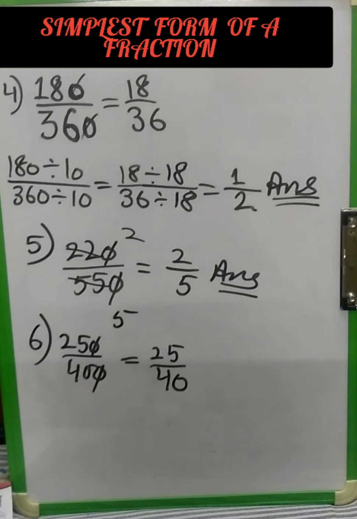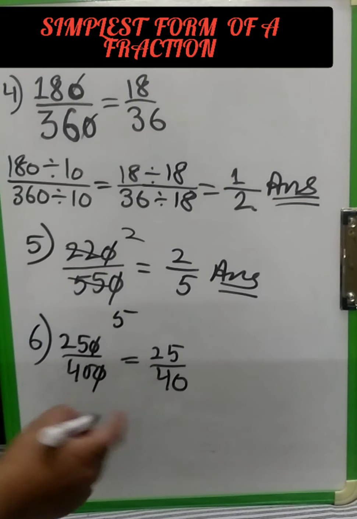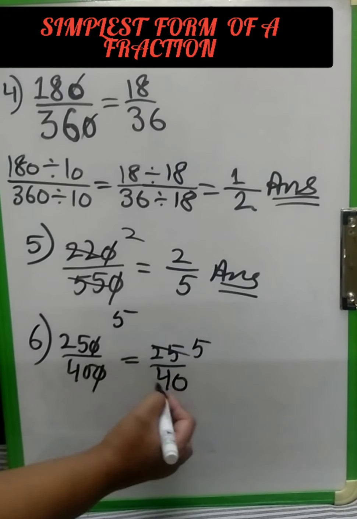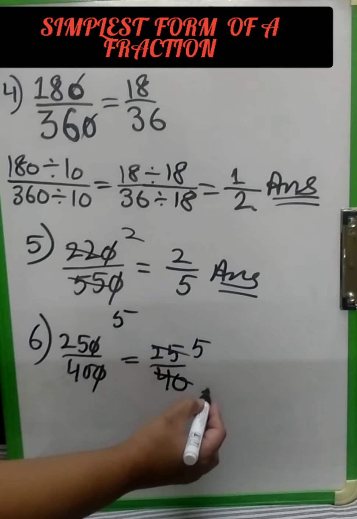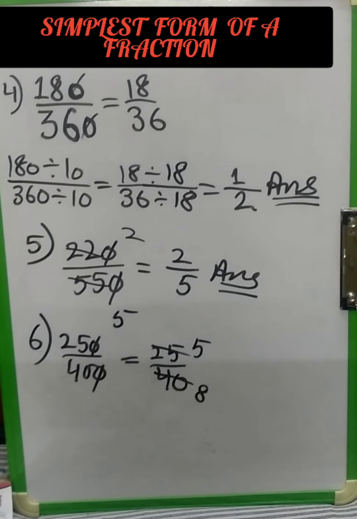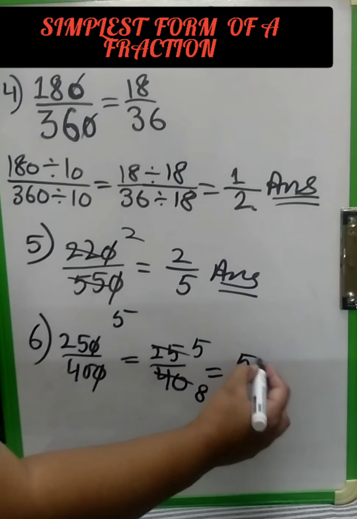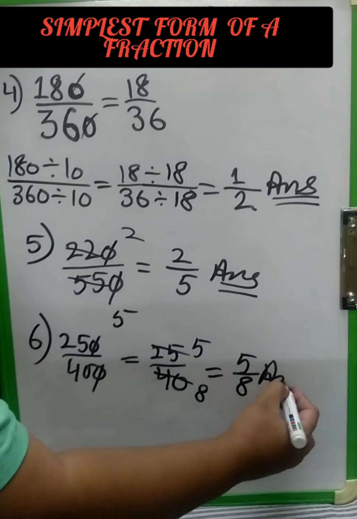So instead of showing the division by 5, I can do it another way also. I can cut using the table of 5. I know 5 5s are 25 and 5 8s are 40. In this case, you need to remember that you have to count the table of the common factor only. So your answer here will be 5 upon 8.